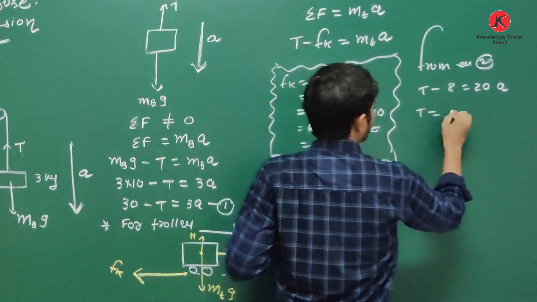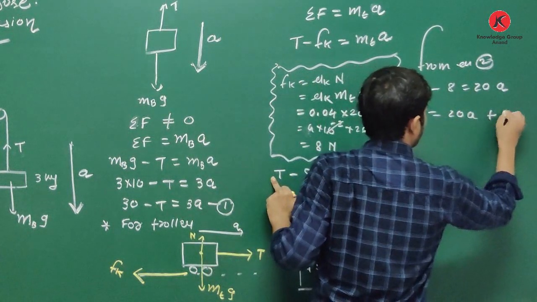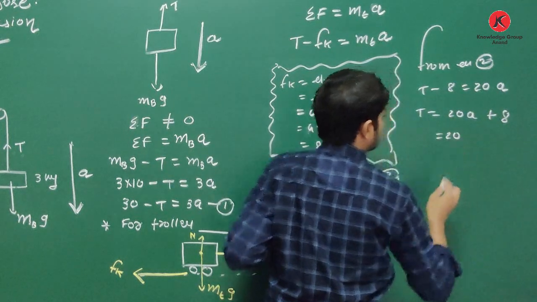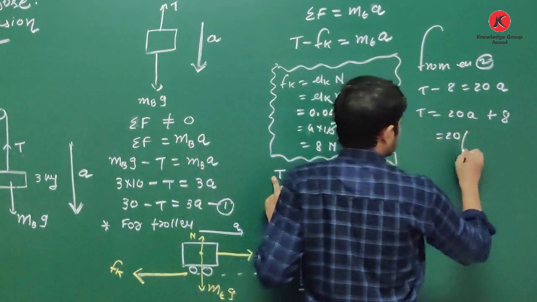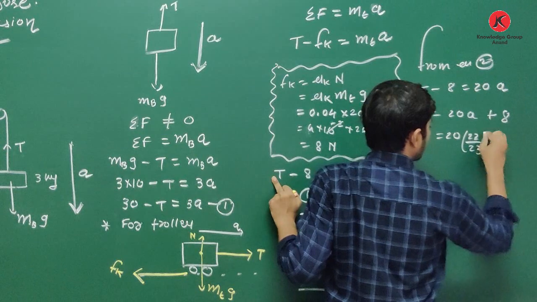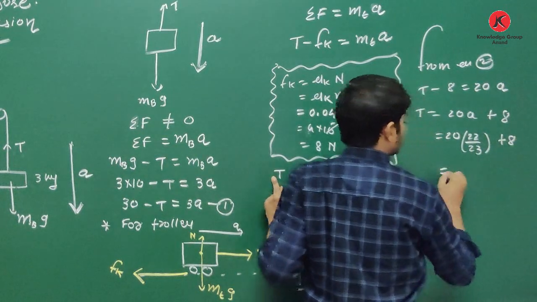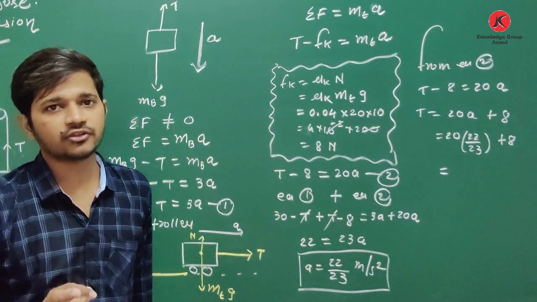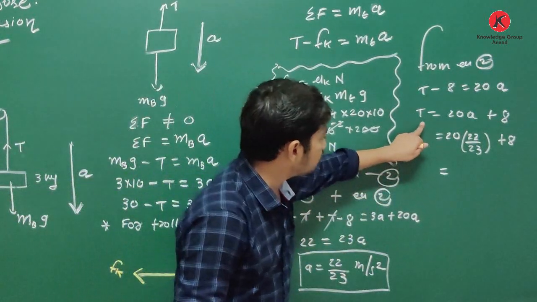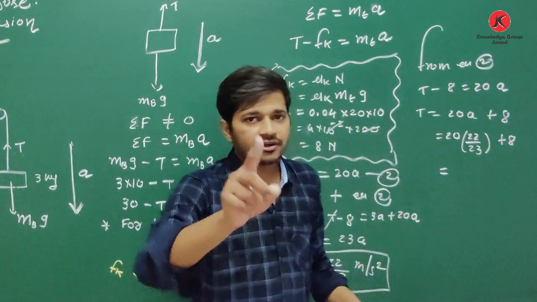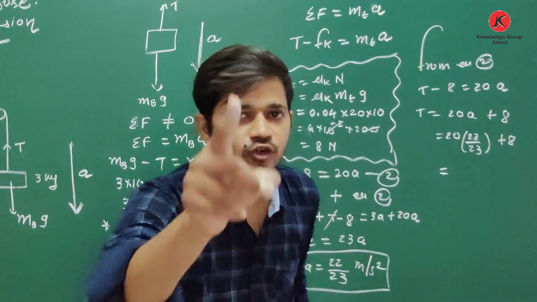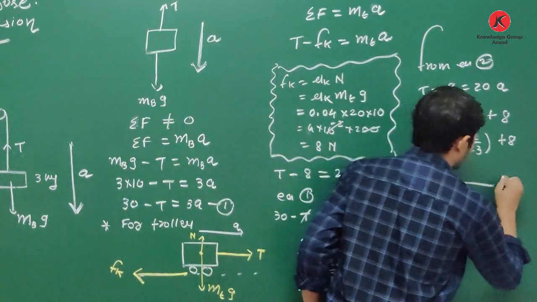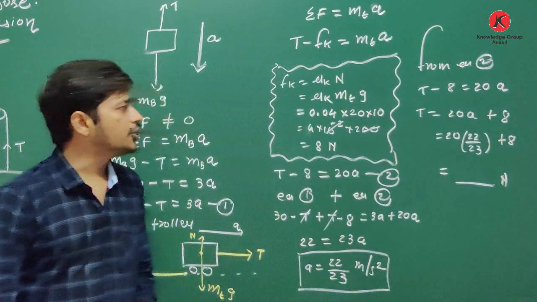So T is equal to 20a plus 8. Now what is the value of a? It is 22 divided by 23, so T is 20 times 22 by 23 plus 8. Now this you can easily solve. Yes or no? You have to find the value of T and write it in the comment box. Tension is a force, so its unit will be Newton.